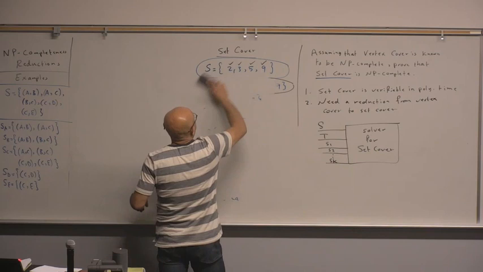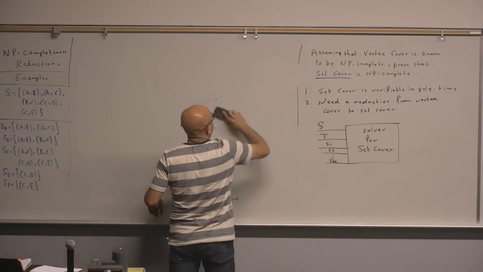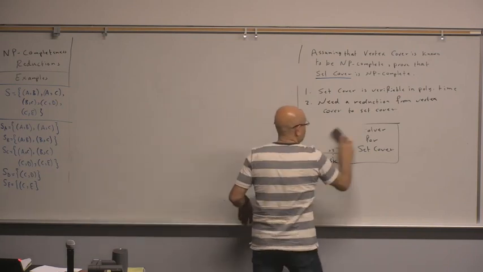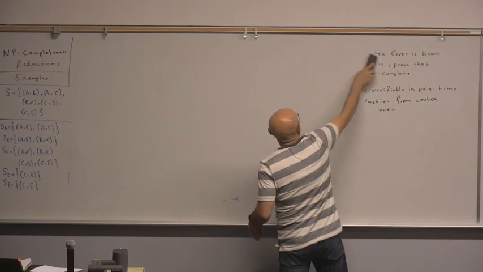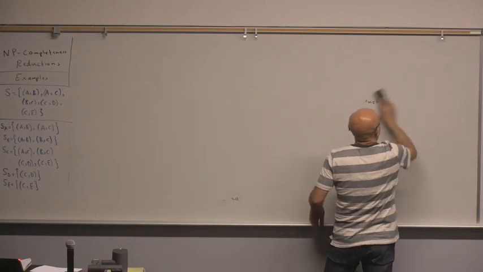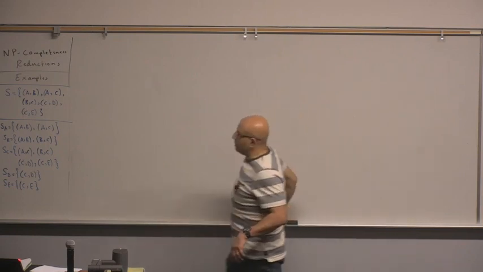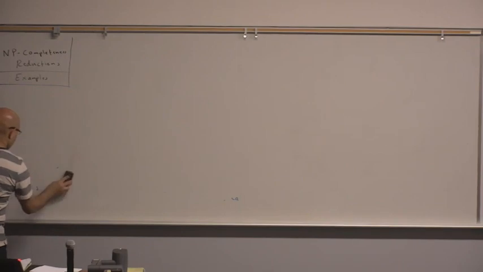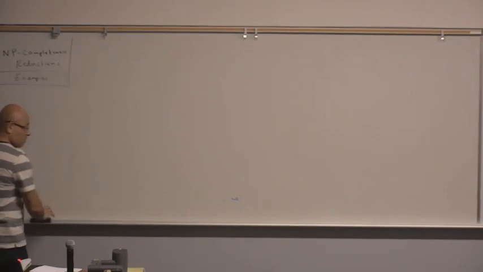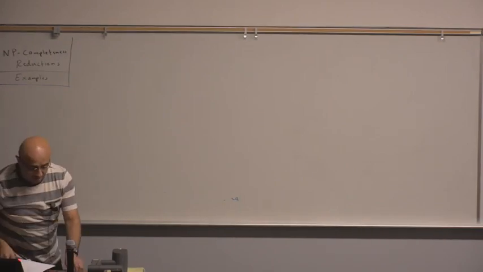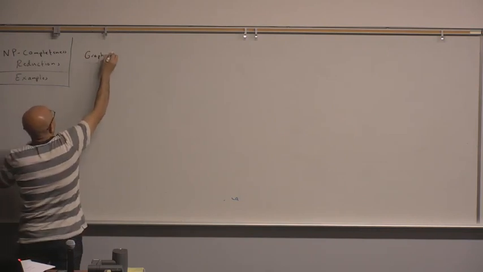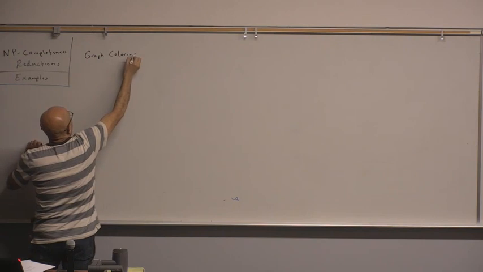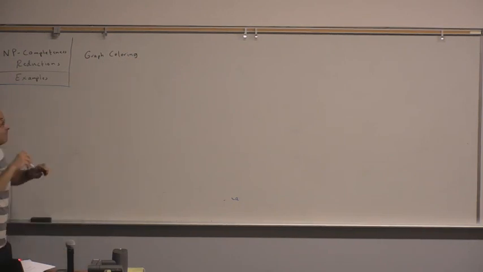So the first NP-complete problem is a problem that we are familiar with. We have seen before, which is the graph coloring problem. So graph coloring, I give you a graph.